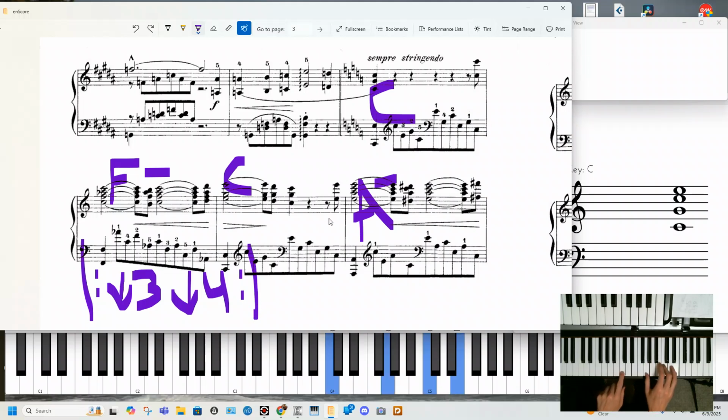We have this. And then we have E down a third to C sharp, down a fourth to A flat, and then A flat, down a third to F, down a fourth to C. So third, fourth, third, fourth, third, fourth.